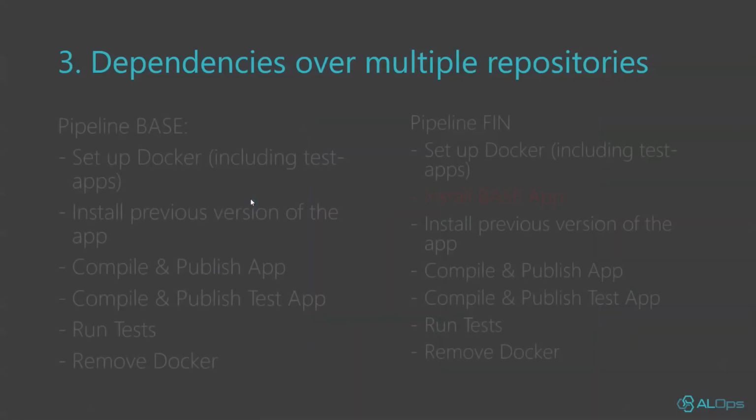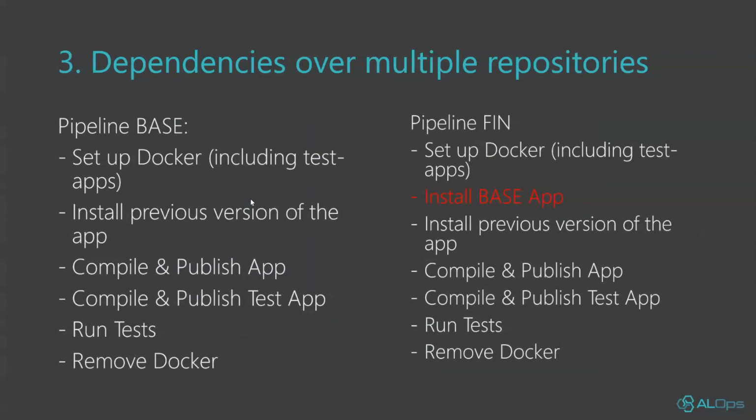In this case, you need 2 pipelines, one for base, one for fin. Both look very similar. And if you look at the white steps, they are all the same. But obviously, the fin needs to install the base app to be able to compile and publish. Because remember, compile will download the symbol files, then compile, and then publish the app as an artifact. So I need to make my base app available in the fin pipeline.